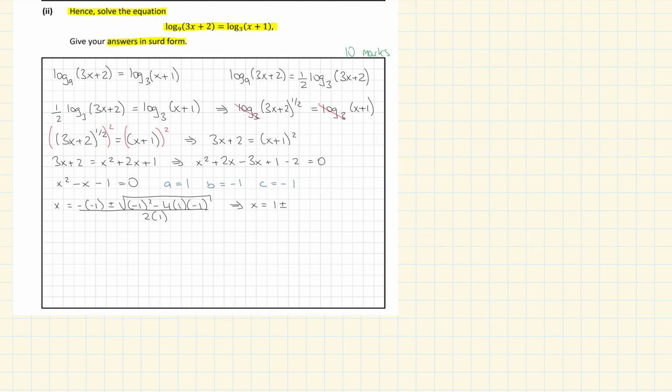So that's 1 plus or minus root of 1 plus 4 all over 2. And easiest thing is just put it straight into your calculator. So we get 1 plus root 5 over 2 stays as is.